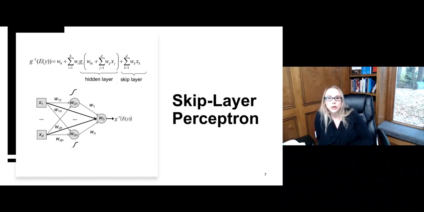In other words, the system is changing over time, which means it is not stationary. We'll be talking much more about stationary and non-stationary when we go into time series analysis. But if you have a series that is changing over time, which would indicate that it is not stationary, then a skip layer perceptron might help to model that type of behavior.